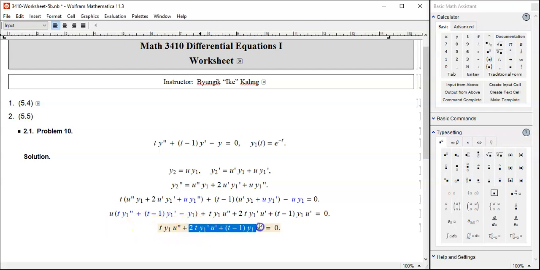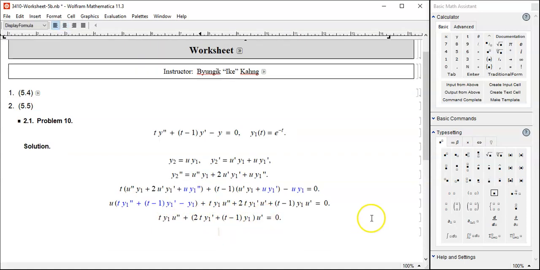And then how about these parts? The u prime part is there. They all have u primes in there. So I can rewrite it like this. And what do we have? We have a first order linear equation. First order because you have u double prime and then u prime.